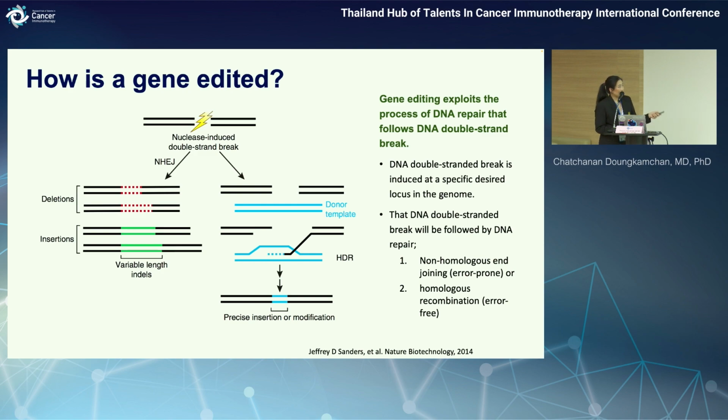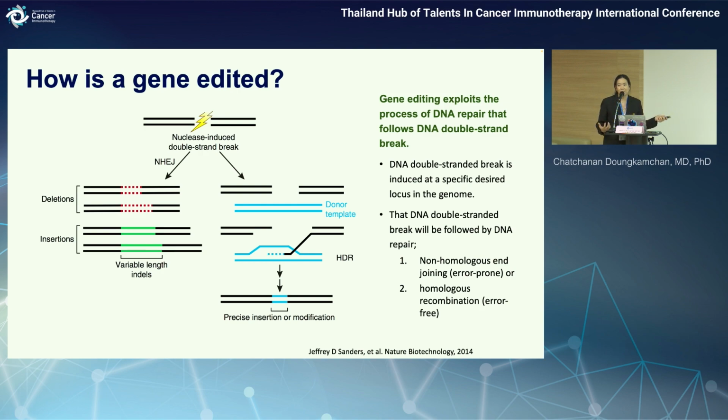The difference between the two is that the first one, NHEJ, doesn't rely on homology, doesn't rely on the homologous chromosome. It simply joins the broken ends together.